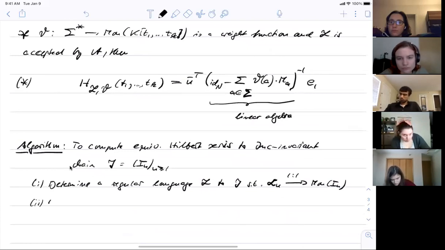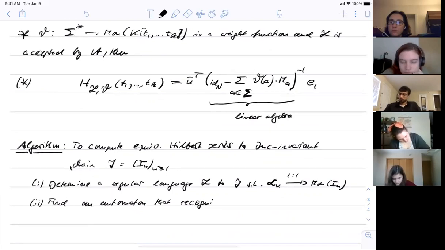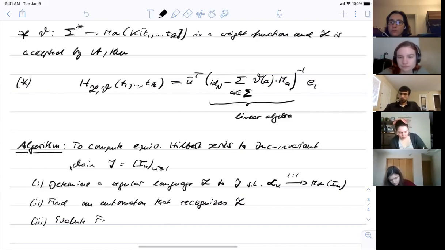Then you have to find an automaton that recognizes L. And finally, you just have to evaluate this formula we just discussed.